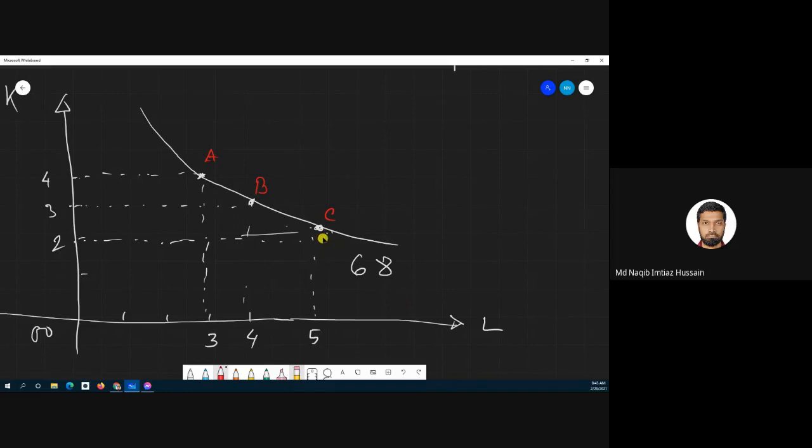Whether you take more people and fewer ovens, or more ovens and fewer people, you will produce 68 cakes, whichever point you operate. So the question is, which one should be your operation point?